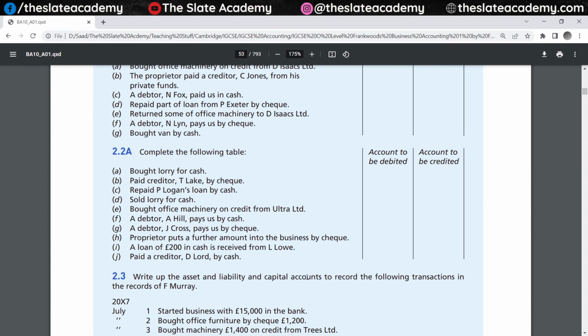What's the asset they are buying? Lorry debit, cash credit. We'll make a T account with name Lorry. That would debit, cash credit. Okay, next. Perfect. Electricity debit, bank credit. Next.